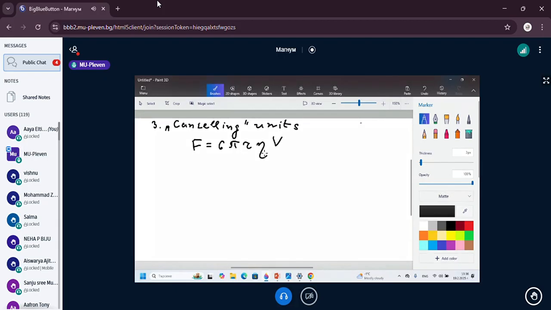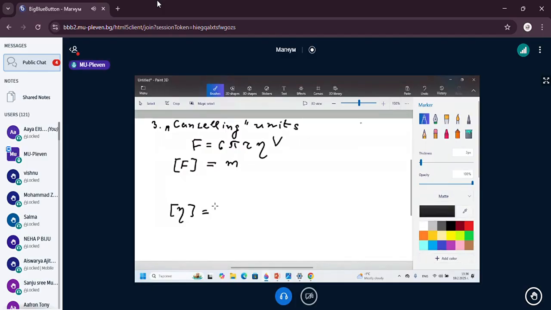R is the radius of the spherical object. Eta is the dynamic viscosity coefficient. V is velocity. So let us now express the unit of measure of force. 6 pi, no unit. Radius is measured in meter. Viscosity, I'm going to write below.